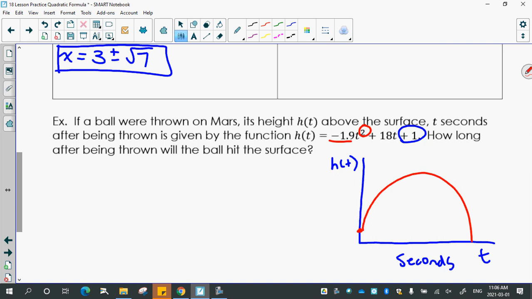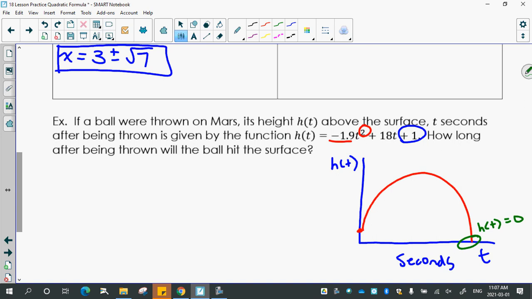And we want to know how long after it's thrown it will hit the surface. So this is where it hits the surface, and that's where its height above the surface is equal to 0. Right? Its height would be 0 when it hits the surface. Okay?